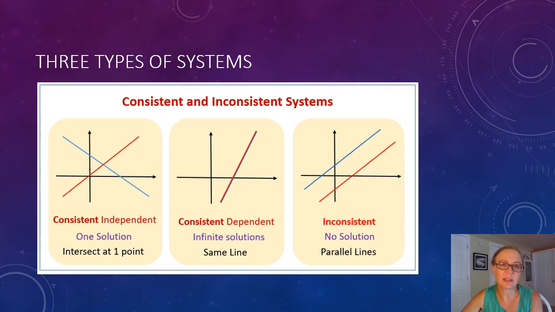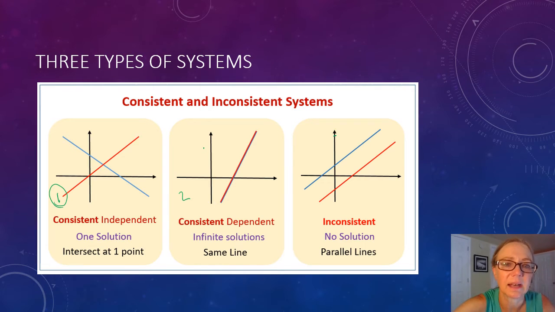So here are the three things that can happen when you're given a system of equations. You can have a consistent independent system. That's type number one. That's when you have the curves actually intersecting and there actually is a solution, a point of intersection. There's one solution.